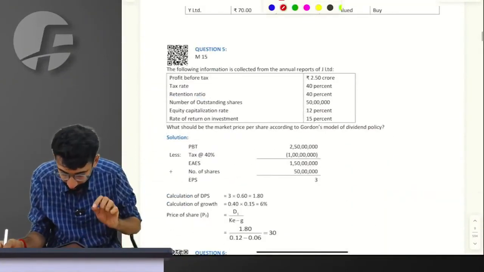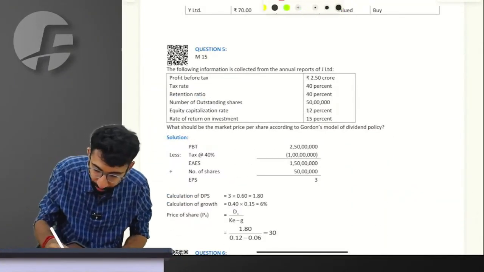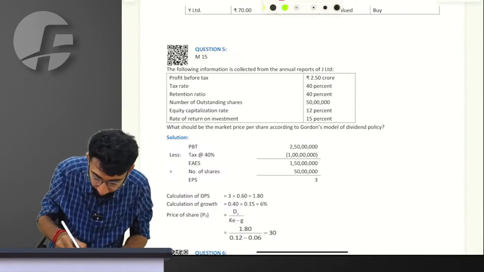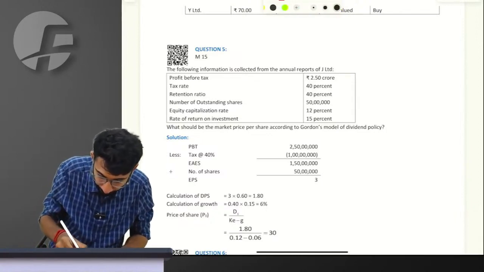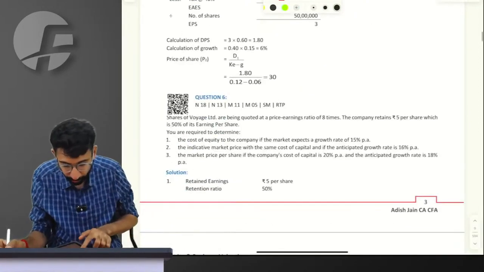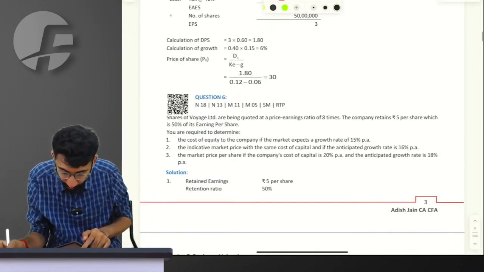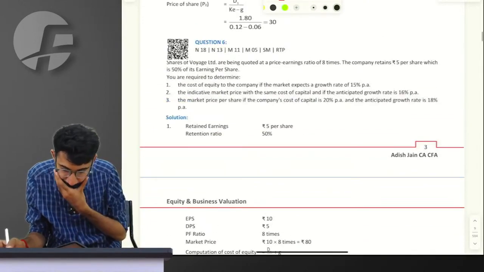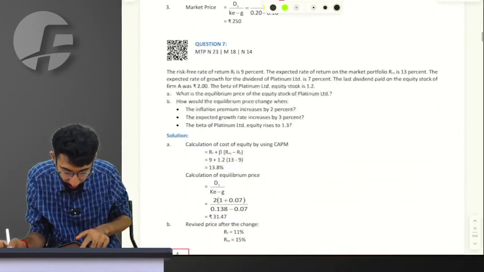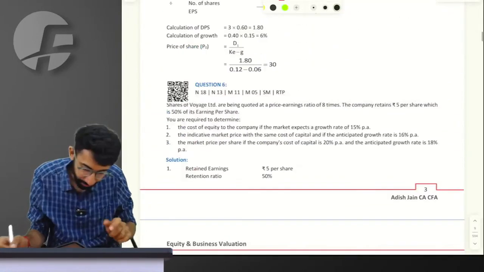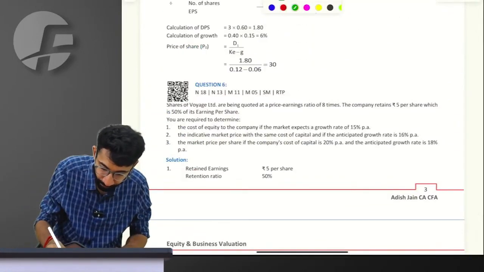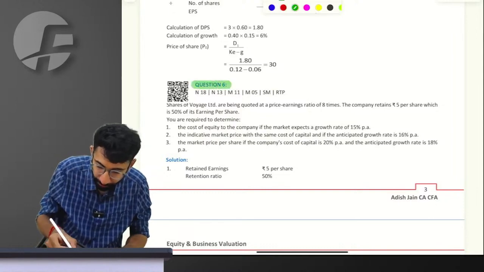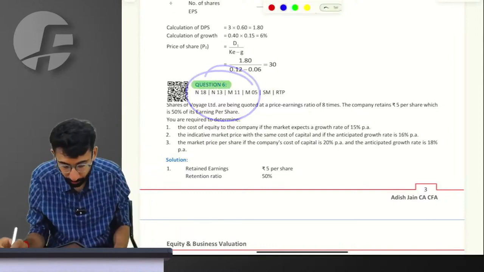Question number 5, extremely easy question. You will have to do it in the form of homework. Question number 6 is a good question, can be done in the classwork. Everyone, question number 6, please be here. Very quick classwork.